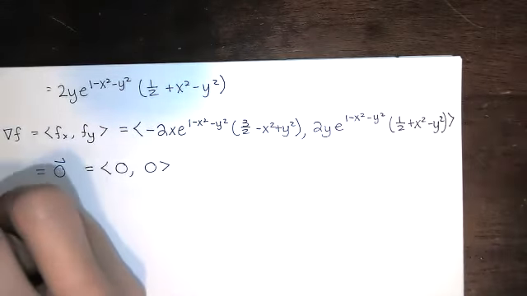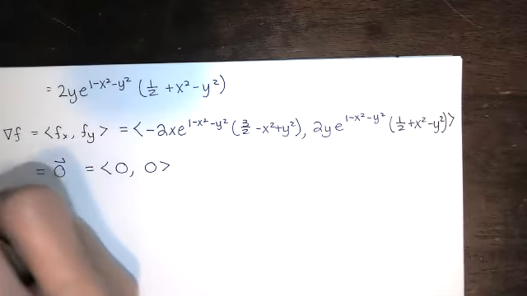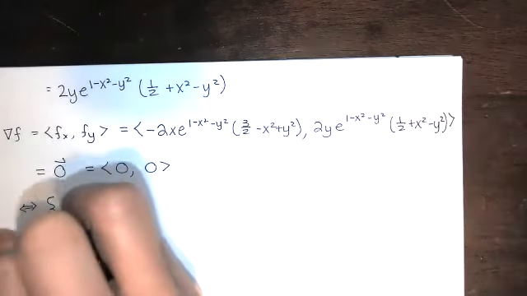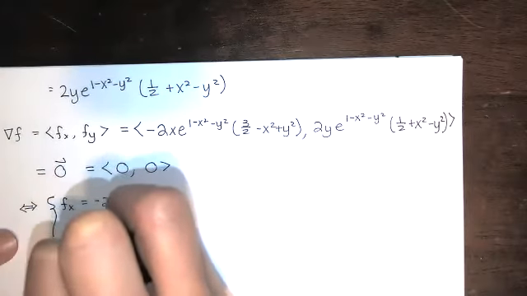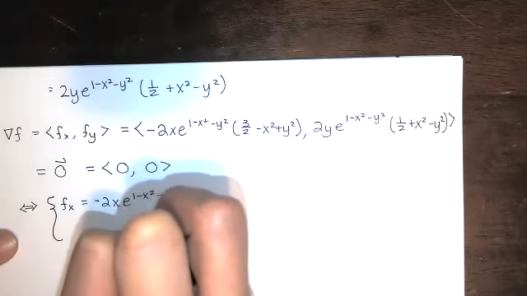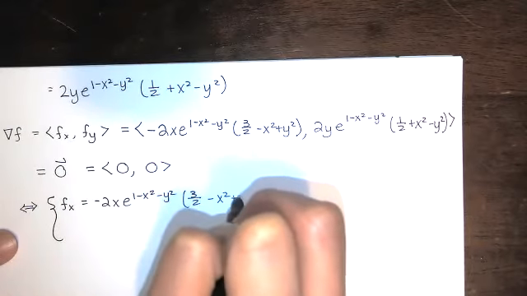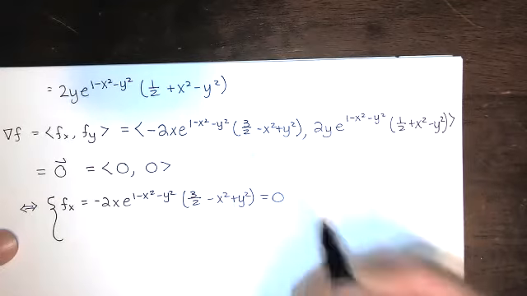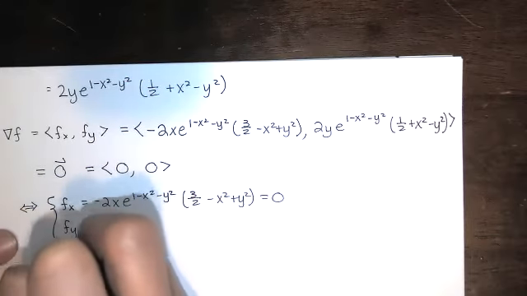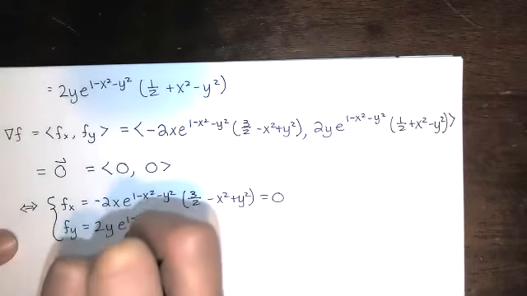So setting the gradient equal to 0 is equivalent to saying, I need the partial of f with respect to x to be 0, and I need the partial of f with respect to y to be 0 at the same time.